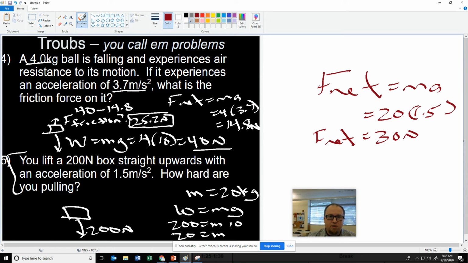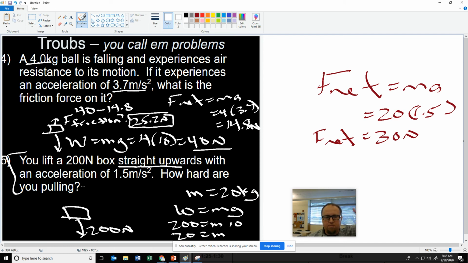Going back to our diagram, if it's 200 going down and I'm lifting the box upwards, I'm assuming, and it was written poorly, that you're starting from rest and lifting it.